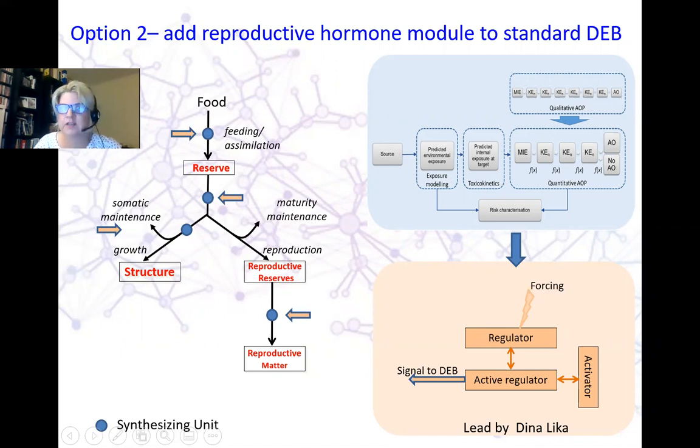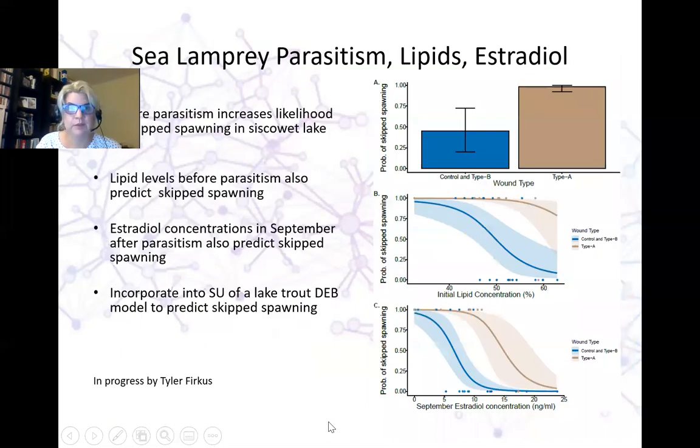Dina has actually presented that to you all, I think last time, so I won't go into too much detail there, but that's one way: we just collapse all that complicated quantitative AOP framework into something much simpler and put it in here. Dina's done that, and we're still working with this though. We're trying to go even simpler.